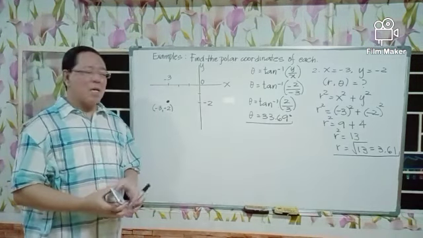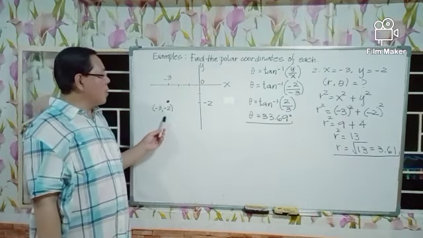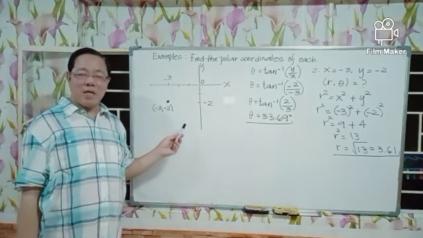The point -3, -2 is this point, the point in the third quadrant where the values of x and y are negative.